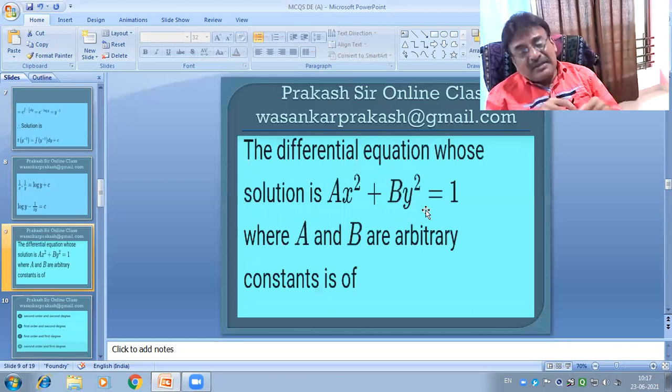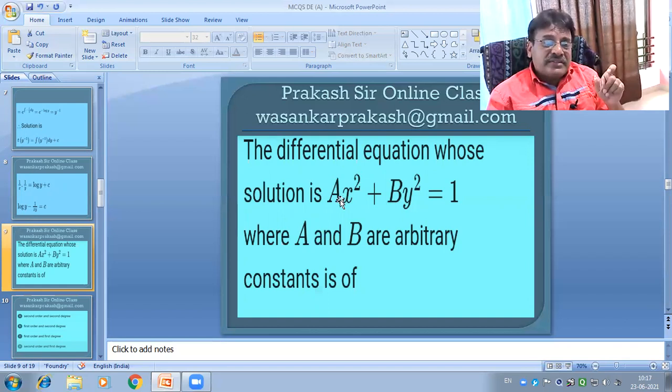And then we get the required answer of the multiple choice question. So here first we write this differential equation, and this differential equation contains two arbitrary constants.